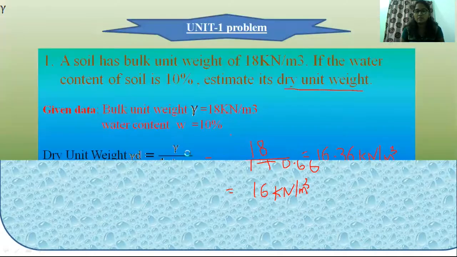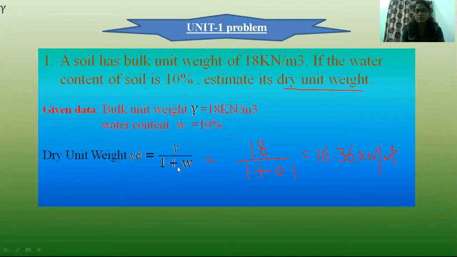But in this problem we can't use G gamma w by 1 plus e. Why? Because here it is not given porosity value and specific gravity value. That's why we can take gamma by 1 plus w. Water content value is also given. So 18 by 1 plus 0.1, 16.36 kilonewton per meter cube.